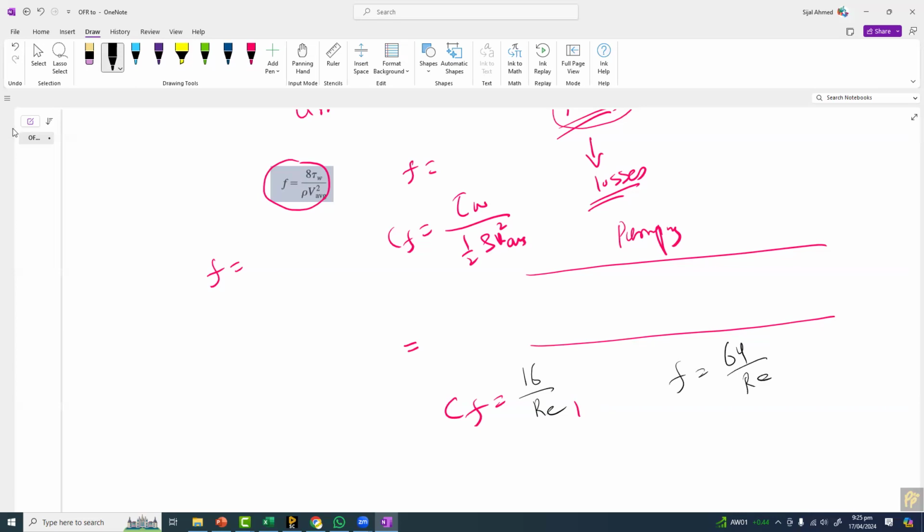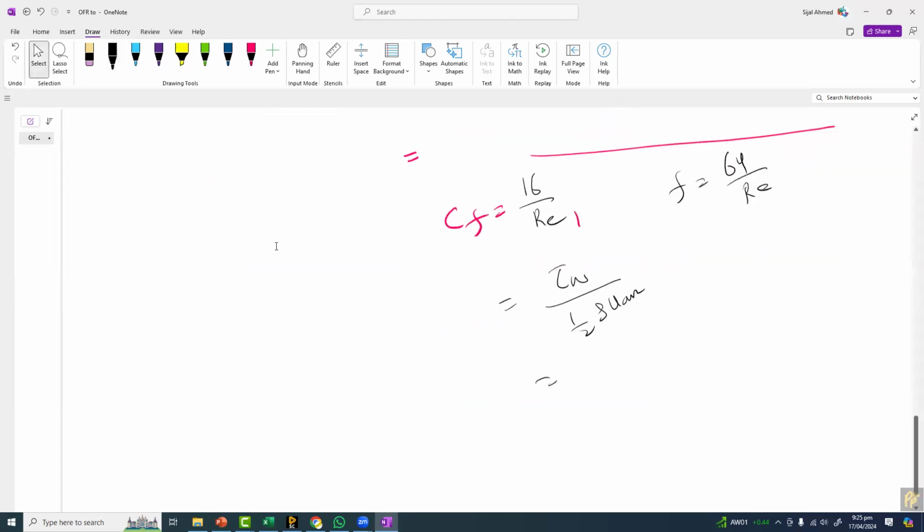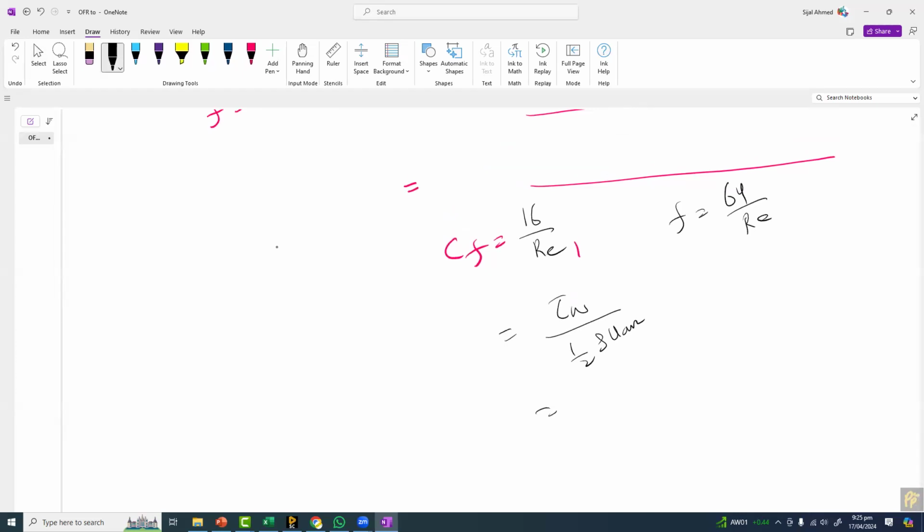And the CF is also equal to the wall shear stress divided by 1/2 rho U average square. So I can write this as 2 wall shear stress divided by rho U average square.